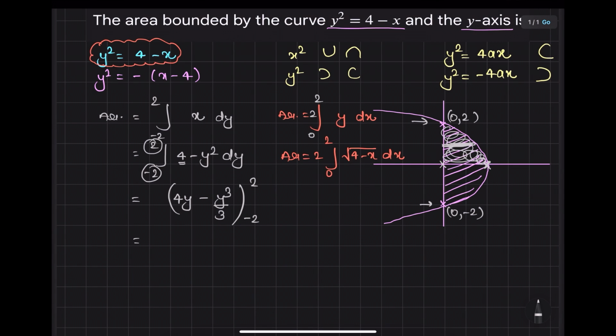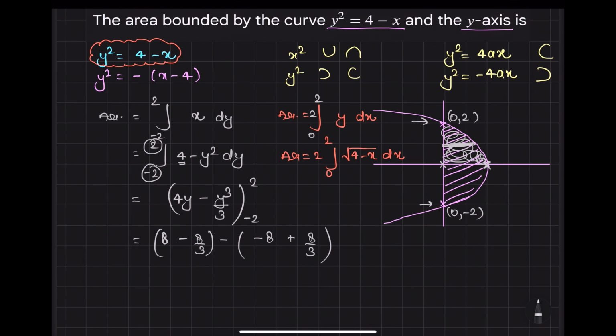So it is 4 and then 16 minus 8 by 3. Then we have the lower limit. It will become minus of 8 and then it will become plus of 8 by 3. Yes, this is also my plus 8.